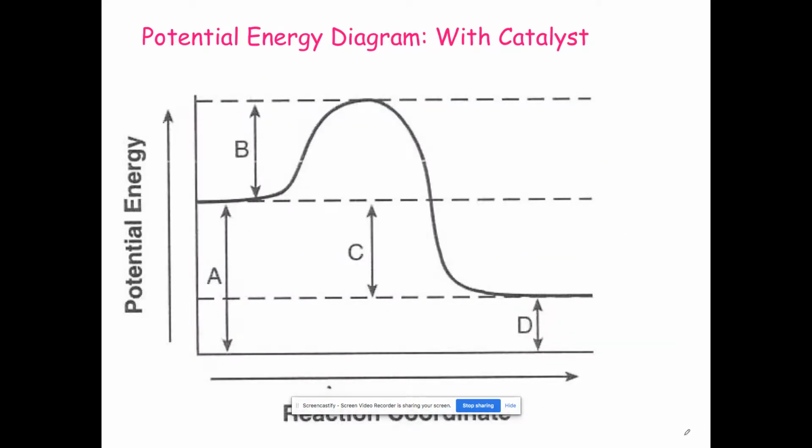So here we have a potential energy diagram. And this is normal. With a catalyst, though, notice that instead of going all the way to the top here, we'll just go here, and that will get you there faster. So notice that we did not change everything.